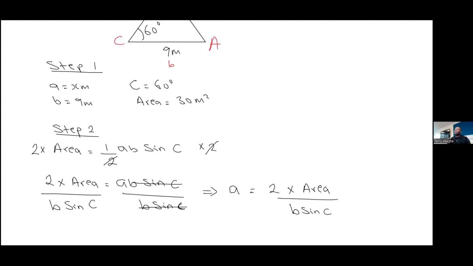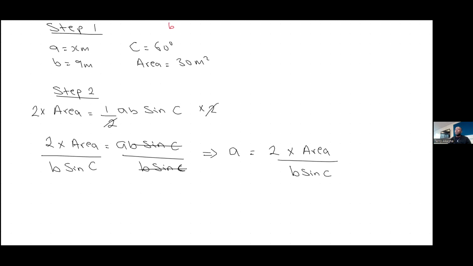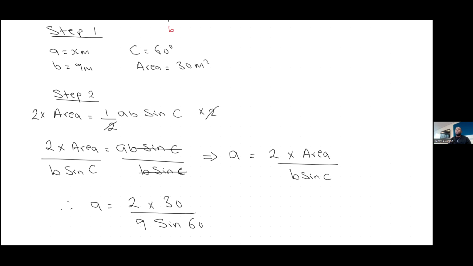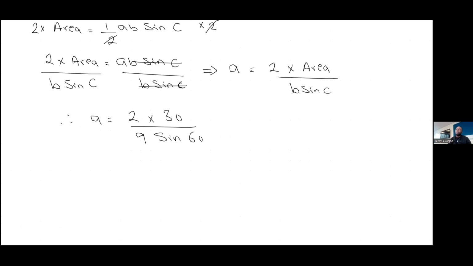Okay, so let's put it in. Therefore, a is equal to 2 multiply the area, which is 30, divided by b, which is 9, sine 60. All right, so now step 3 is then what? Simplify. Now you press this in your calculator.